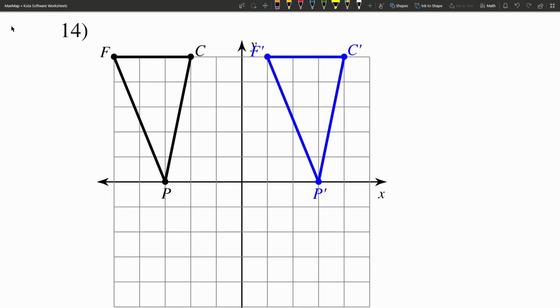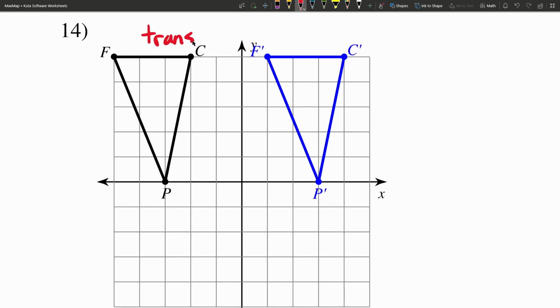Moving on to the last problem on this worksheet, number 14. Let's look at this point C. In order to get to C prime, we're moving 1, 2, 3, 4, 5, 6 units to the right. So we're not moving up or down, not changing y at all, just moving in the x direction, and that's the positive x direction to the right.